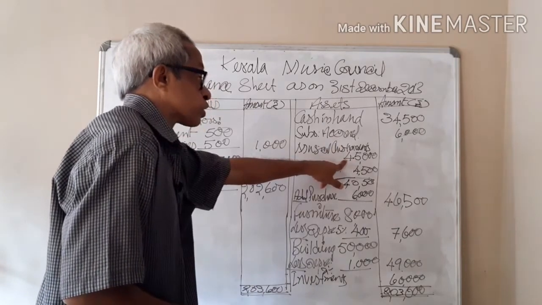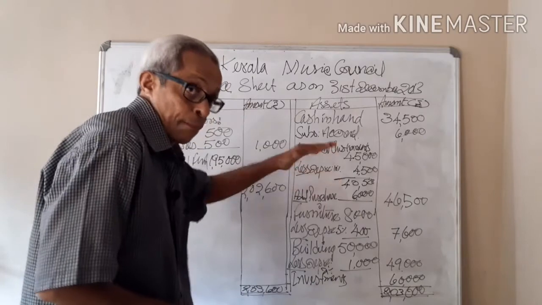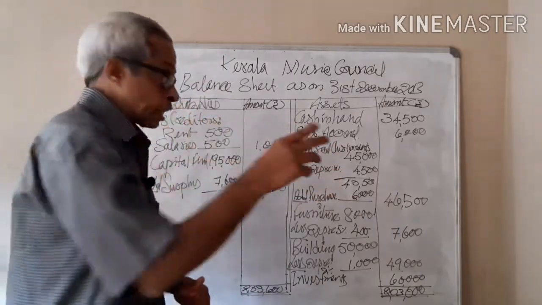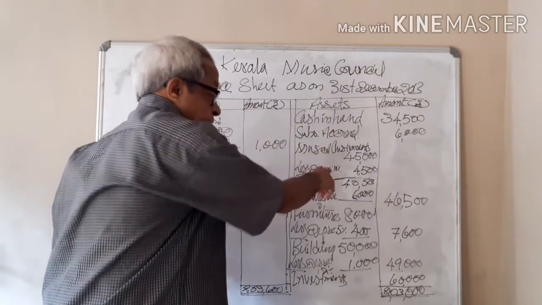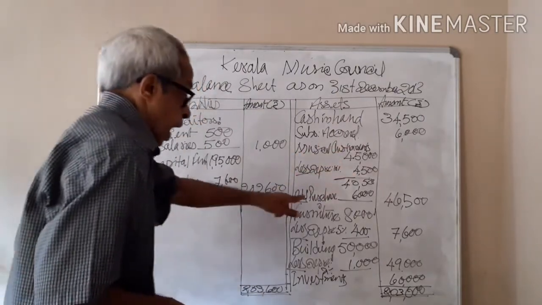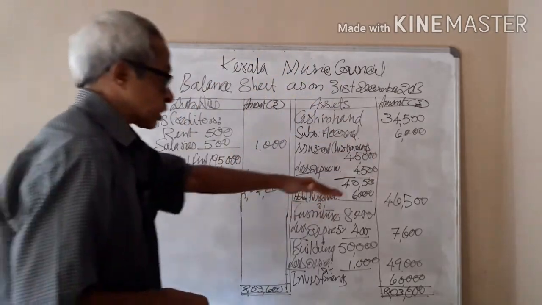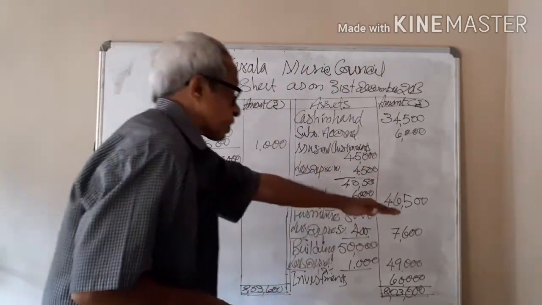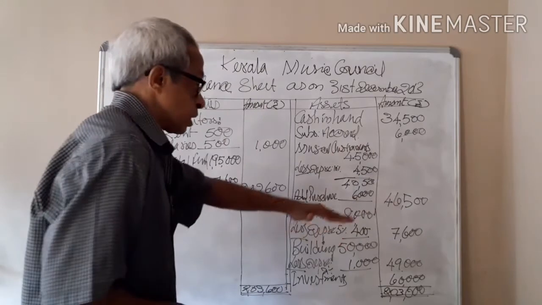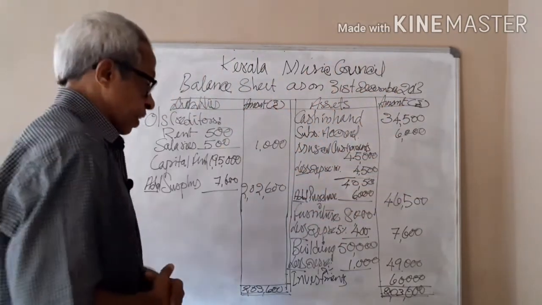The value of musical instruments is 45,000. Then we deduct depreciation, the percentage of depreciation being from the first paragraph, that is 4,500, and the musical instruments purchased during the year, that is 6,000, that figure has been added, and the resultant figure is 46,500.